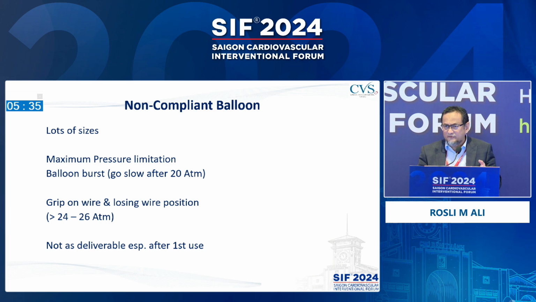You now have balloons that can go to 20, 25, 30 atmospheres. The only thing is that you have to remember two things. If you go beyond 20 atmospheres, you have to go slow: 20, 22, 24. Because if you go too fast, the balloon bursts. So go slow after 20 atmospheres, and it can go much higher.